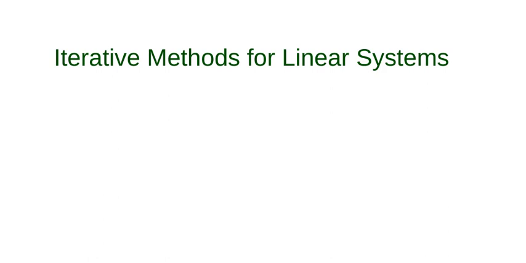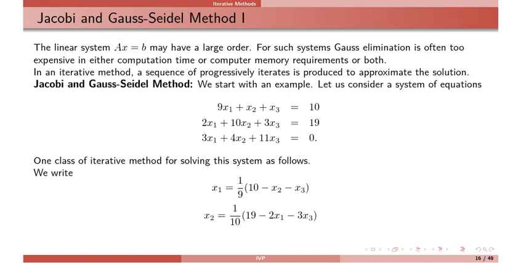And these iterative methods are just similar to fixed point iterations in one dimension. So I'll start with Jacobi and Gauss-Seidel techniques by taking one example.